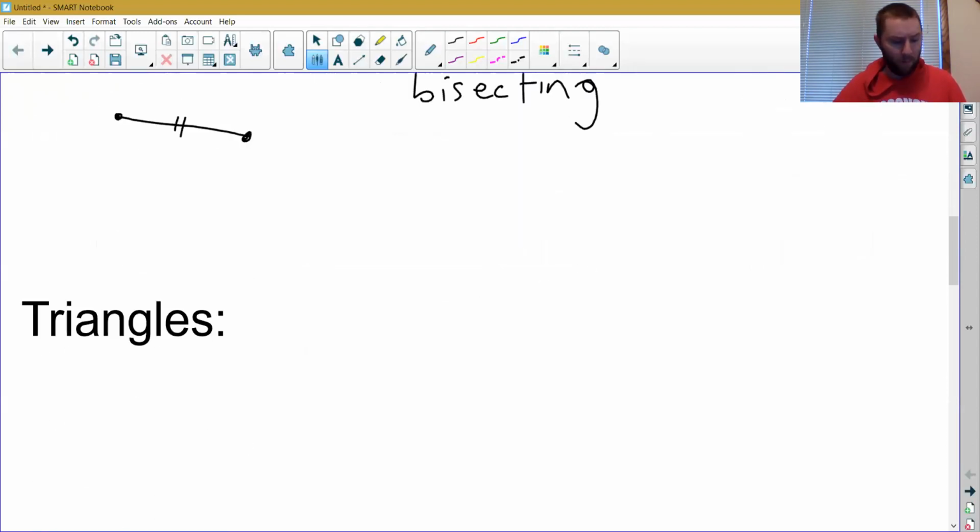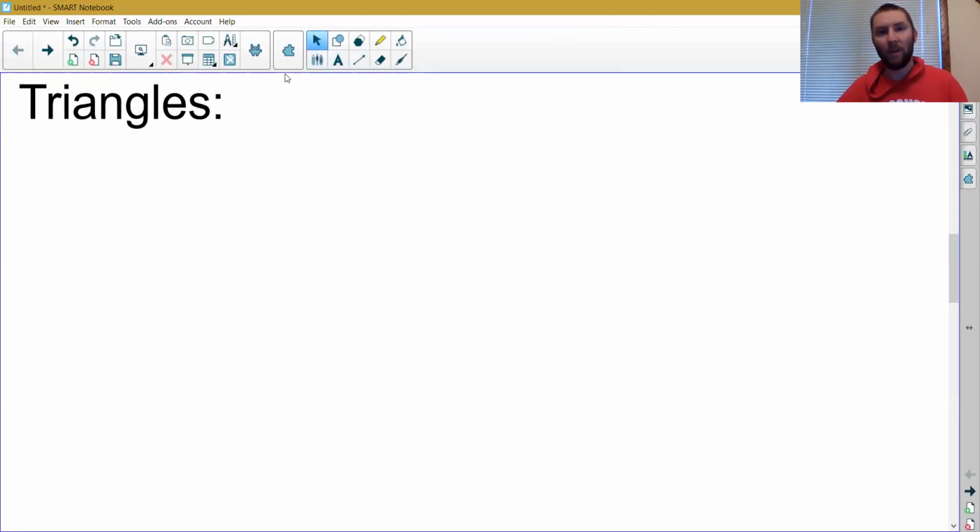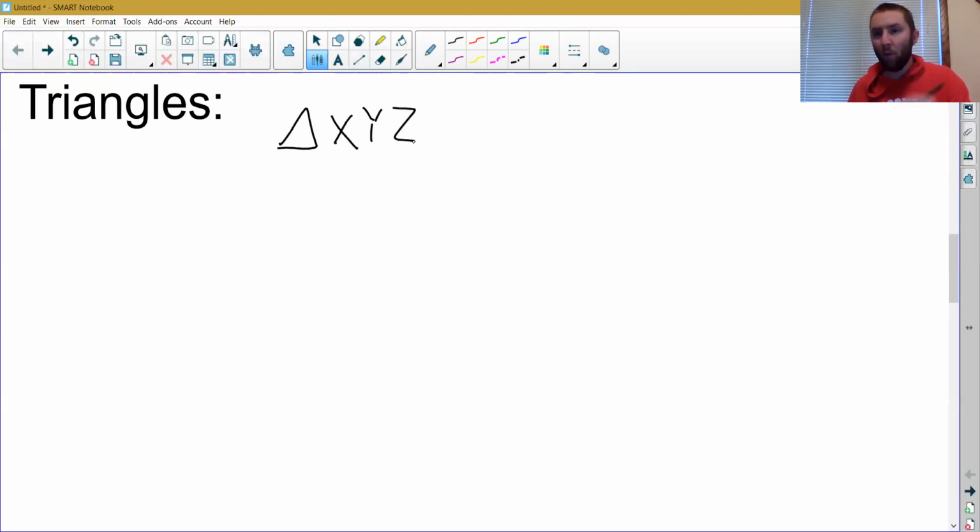After we dealt with that, we started talking about triangles. We started moving into the world of 2-dimensional shapes, and we talked a lot about triangles in chapter 3. So we talked about naming triangles, remember, with our triangle symbol, and then 3 letters, which represent the 3 corners or vertices of the triangle. We talked about acute triangles, obtuse triangles, right triangles.